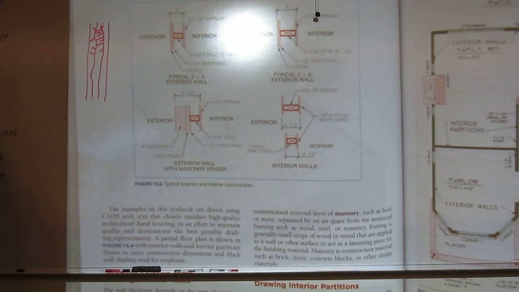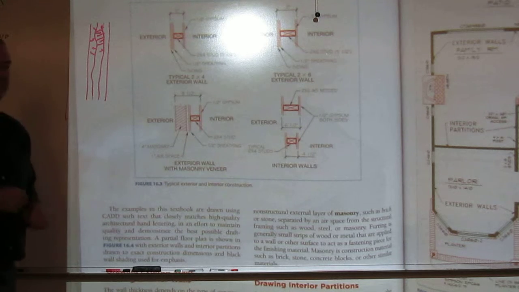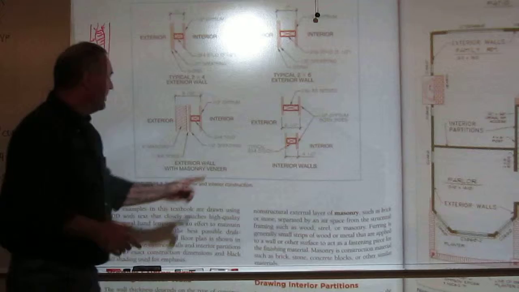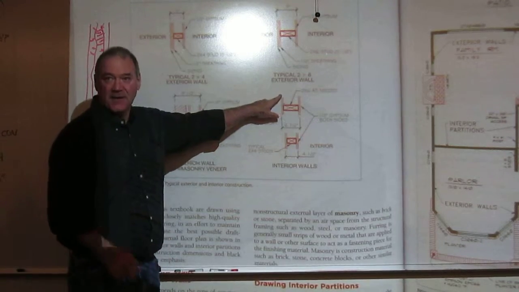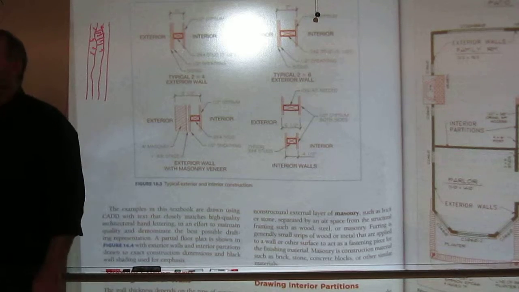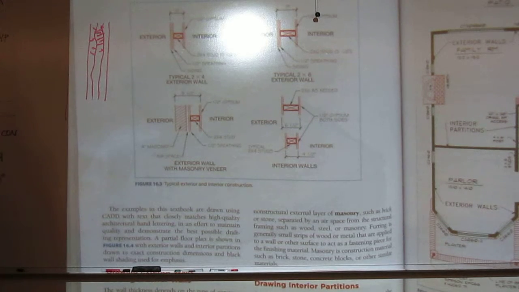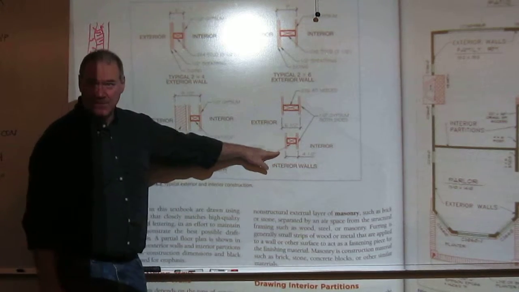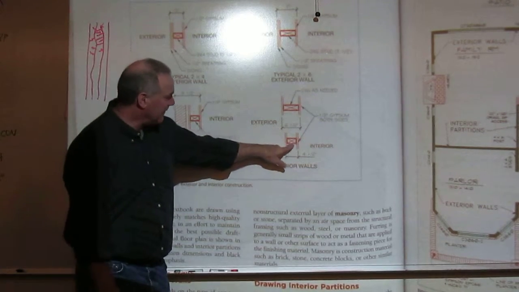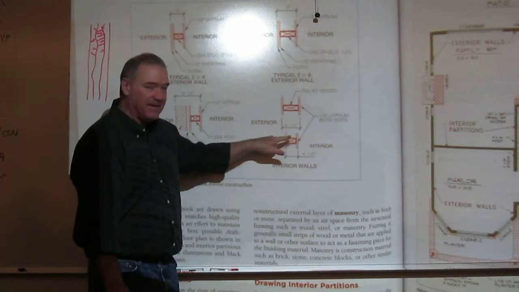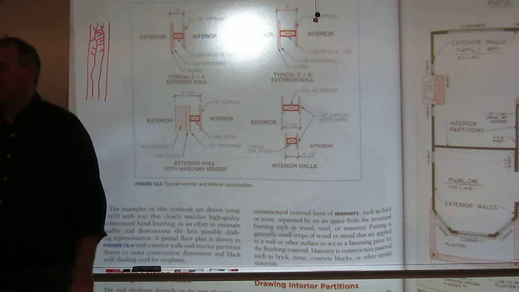If you're drawing an interior wall, the framers are going to lay this out based on the center of the wall, like these interiors down here. So depending on if you're doing a 2 by 6 or a 2 by 4, you show it in its finished condition. Most of our interior walls are 2 by 4. So you have 3.5 inches for the stud, and 1/2 inch sheetrock on both sides.